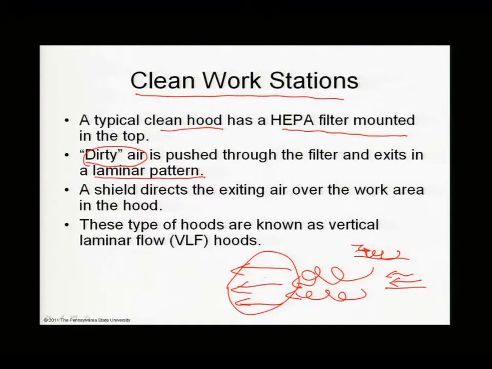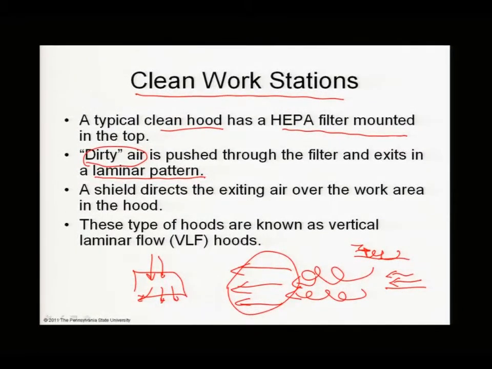So sometimes chemical hoods qualify to be included, but in general we're talking about a very clean workstation, a clean hood, often known as vertical laminar flow hoods. So we have the hood, the air comes in, gets purified, and inside the flow is laminar, and then the air will come out of the hood.